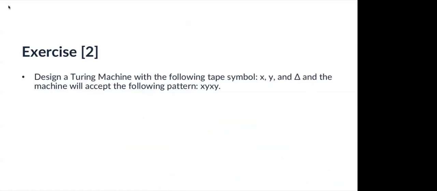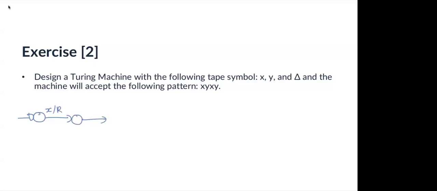Next, let's say we want to design a Turing machine with tape symbols X, Y, and delta, and the machine will accept the pattern X, Y, X, Y. If we only want to design a specific machine that accepts X, Y, X, Y, then we can easily write: if we read X, we go to the right.